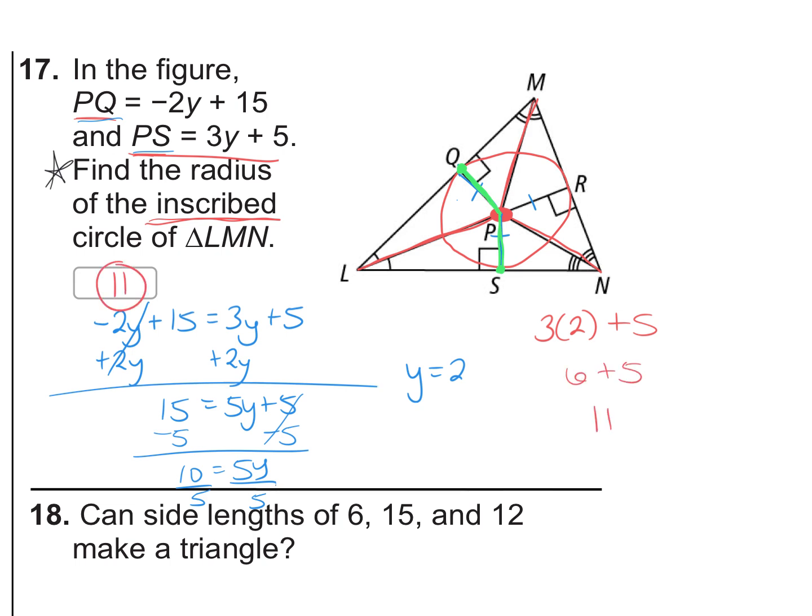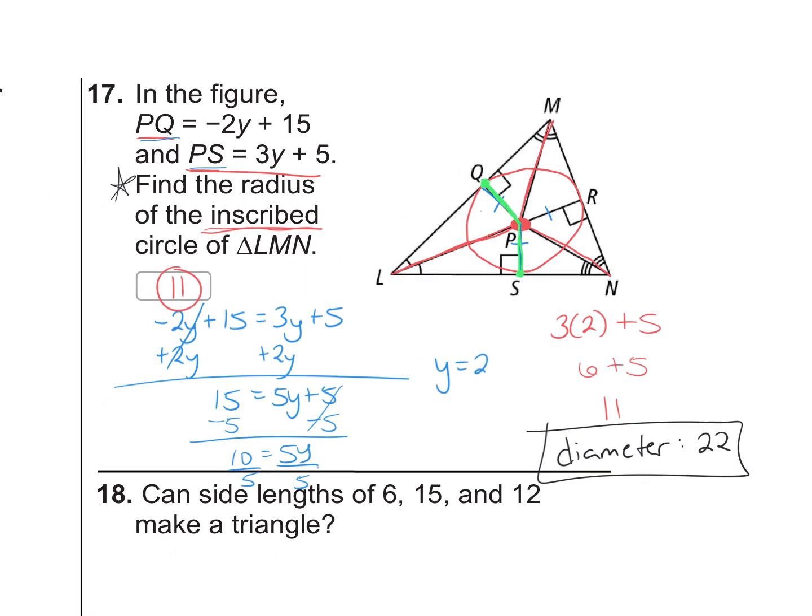That is the radius. Now, what if the test asked you for a diameter? You would double it. So my diameter of this circle would be 22, because we just double our radius. Any questions over number 17?